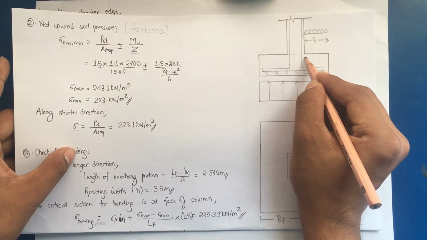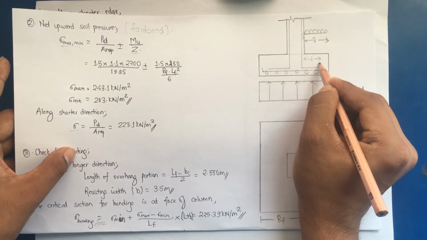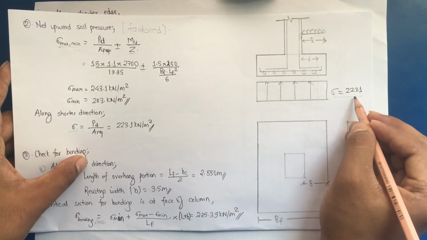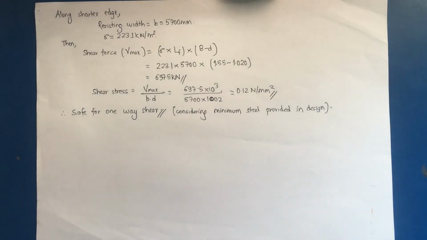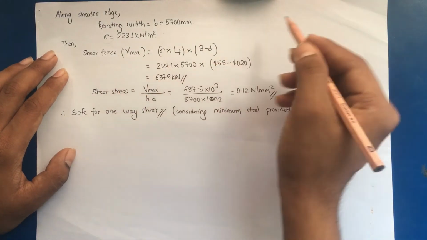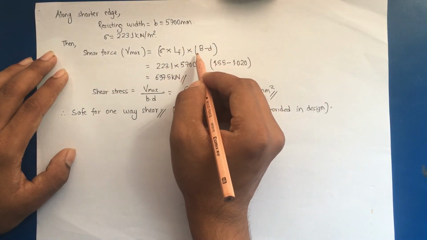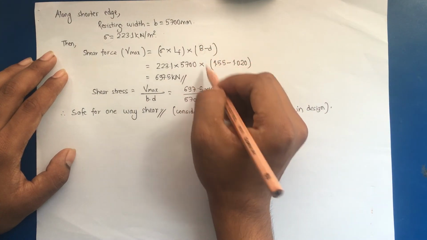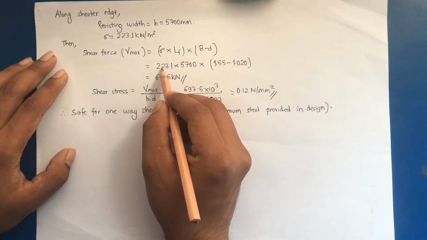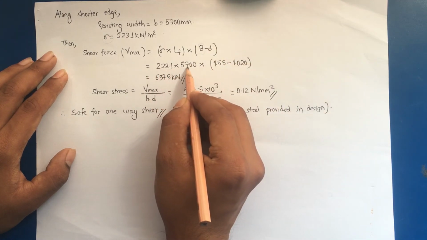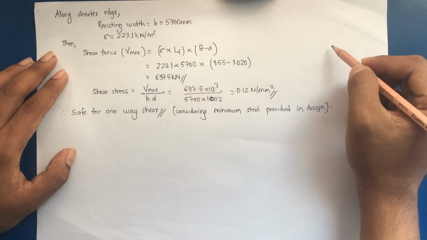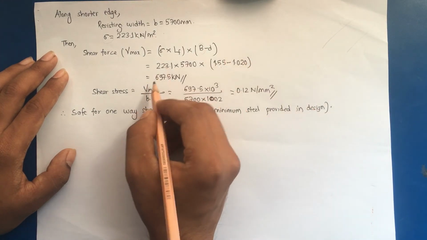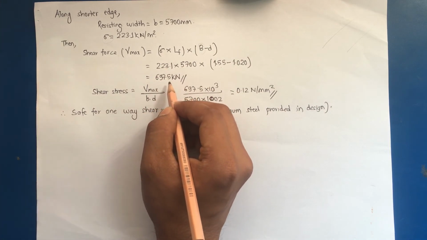So at a distance D, the pressure is the same, that is 223.1. So shear force is nothing but UDL into B minus D. So the length of the overhang along the width is B. So 223.1 into 5700, as it is distributed along the length, 1.55 minus 1.020, 697.5 kilonewton.